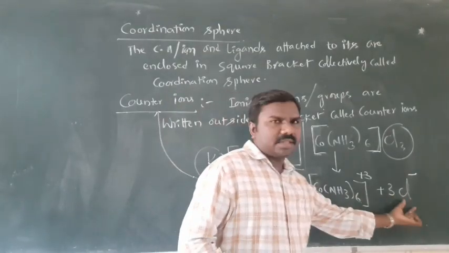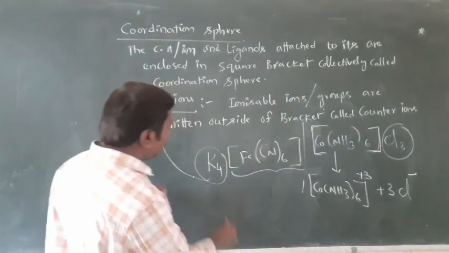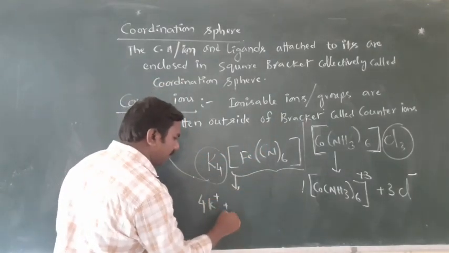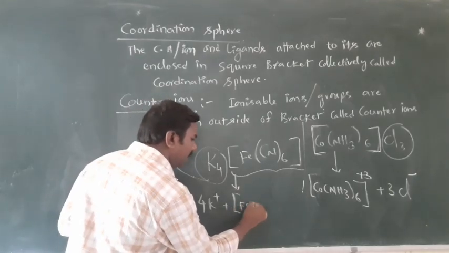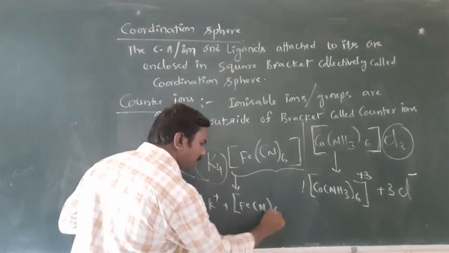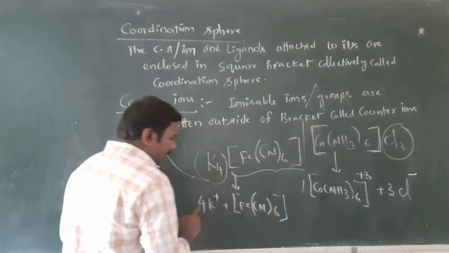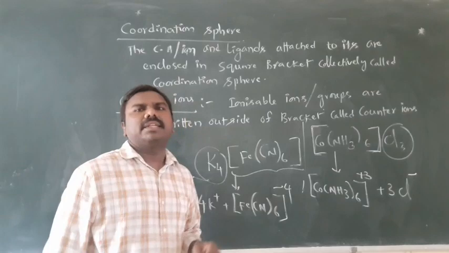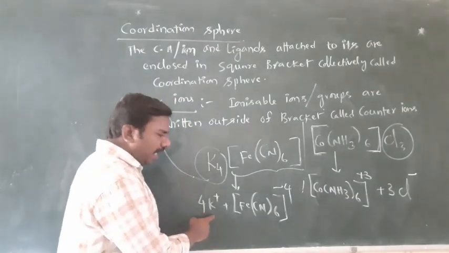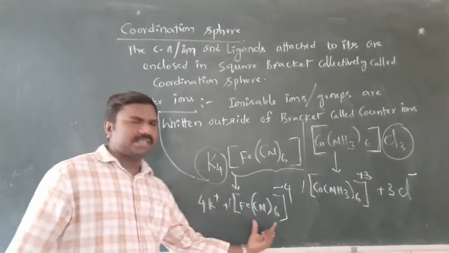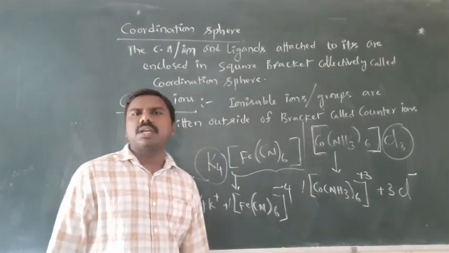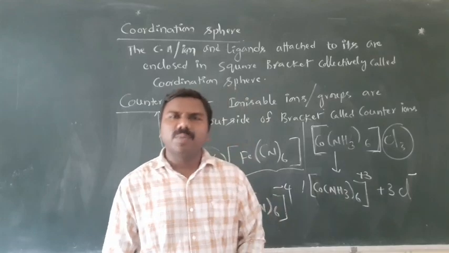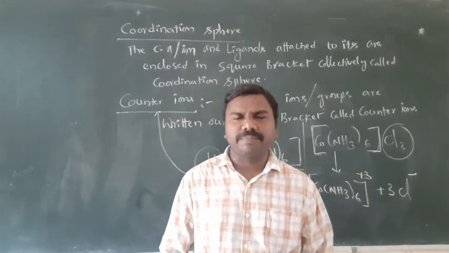Similarly, it is converted into 4K+ and [Fe(CN)6]4-. 4K+ means plus 4, neutralized by minus 4. 4 K+ ions and 1 complex ion, 4 plus 1, totally how many? 5 ions.